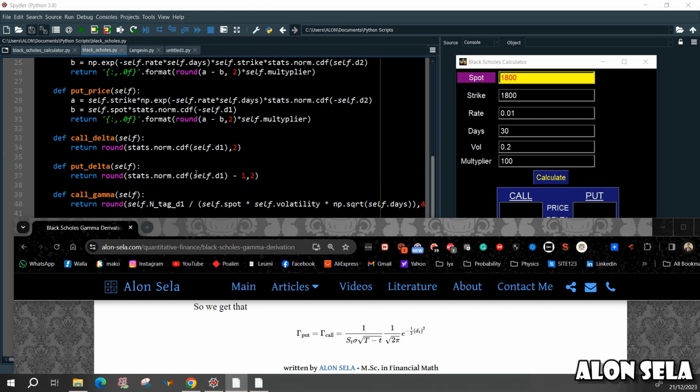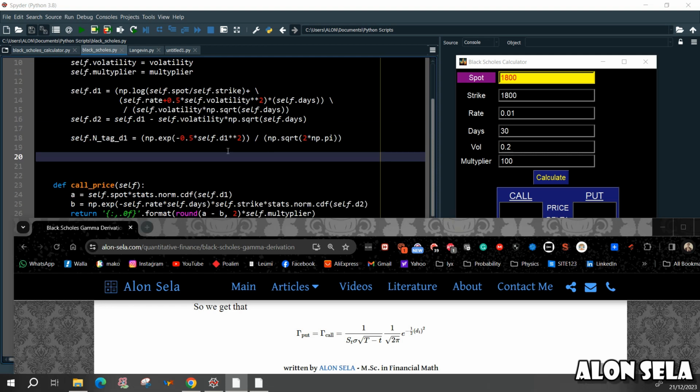Now let's go to the gamma. For the gamma expression, let's see the formula. As you might know, the gamma for call and the gamma for put is the same. So I'll go back to the first line that I told you I will explain later, and later is now.